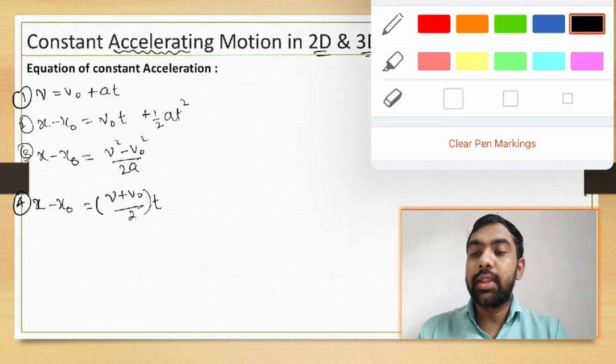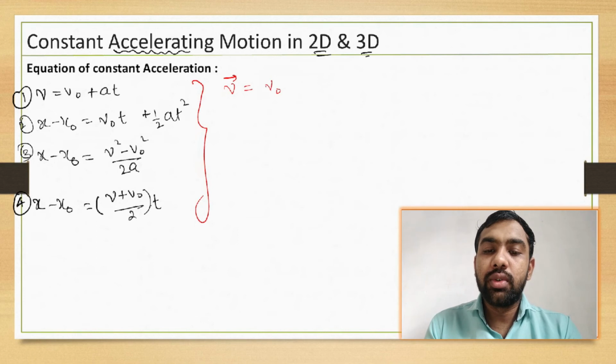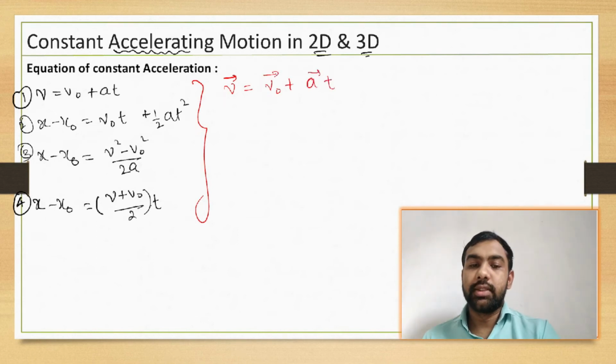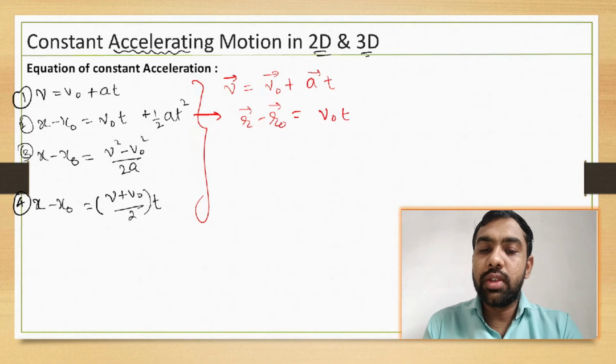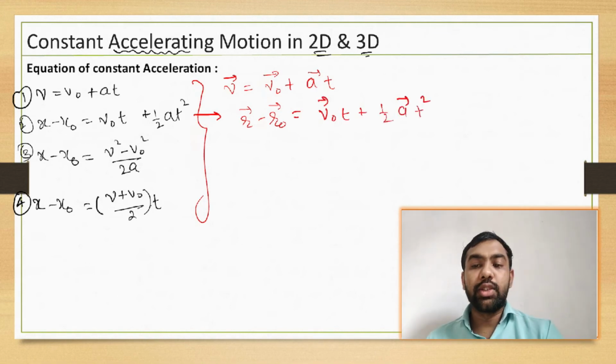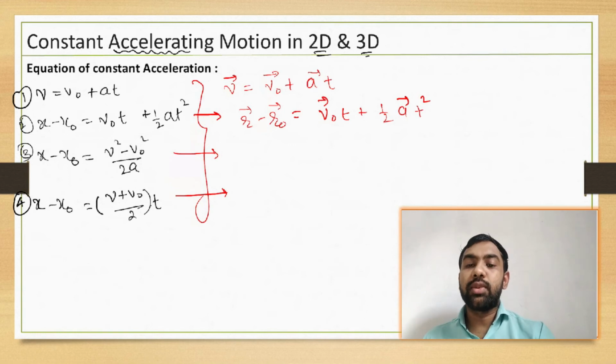Now if you apply the same rule here, then v is equal to v0 plus at, like this. If you apply the same rule here, then what? R minus R0 is equal to V0t plus 1 half at square. And similarly here you apply this rule, but it is not very useful for us.